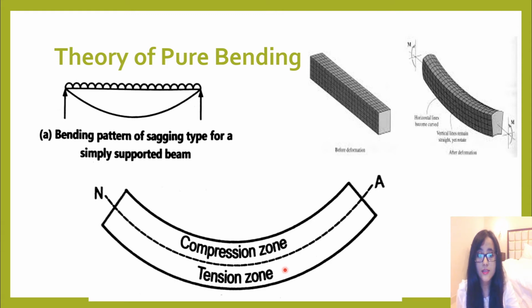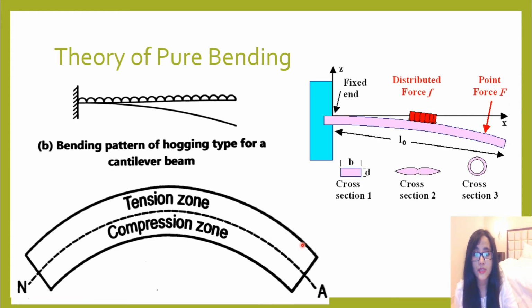Okay, hence the compressive stresses are developed in the upper layer of the neutral axis and the tensile forces are generated below the neutral axis. So this is what happens in a simply supported beam. Okay, so now let us see what happens in a cantilever beam.